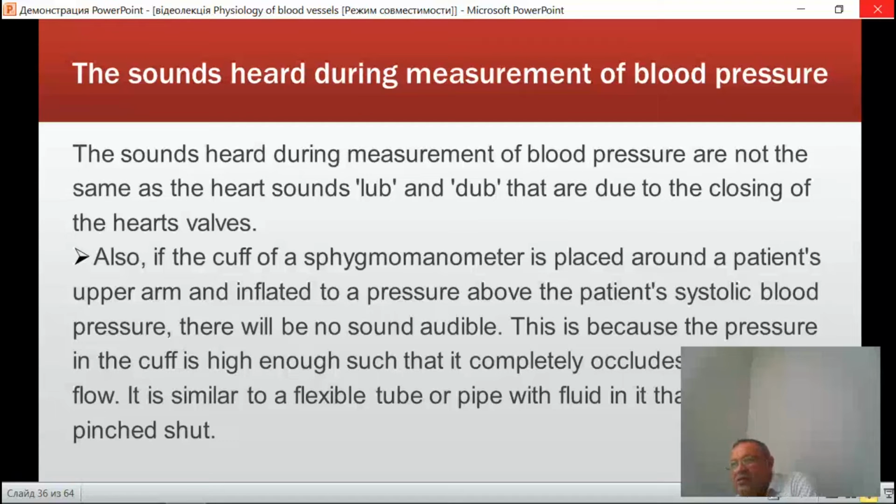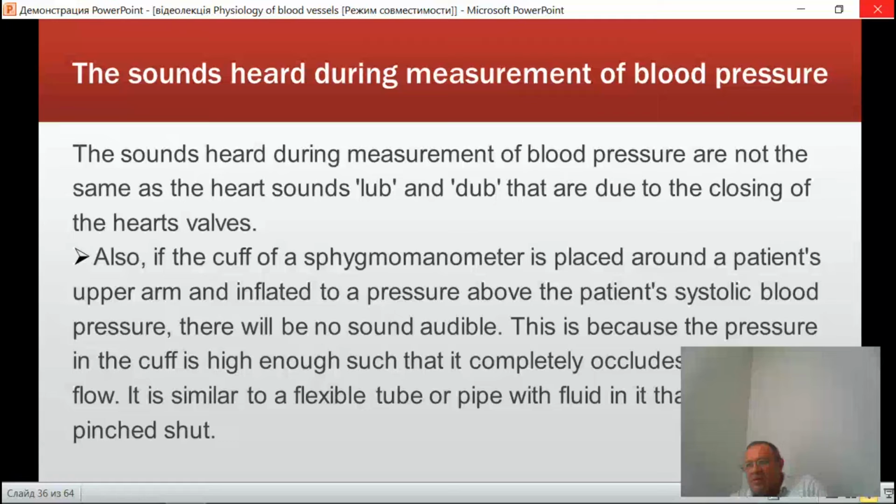The sounds heard during measurement of blood pressure are not the same as the heart sounds, lub and dub, that are usually due to closing of the heart valves.